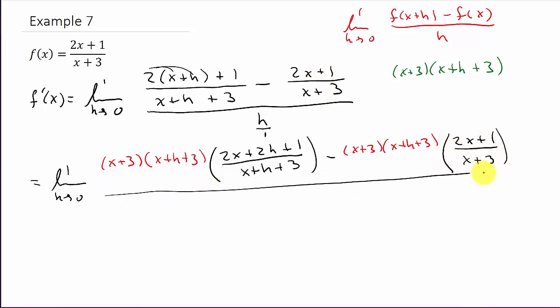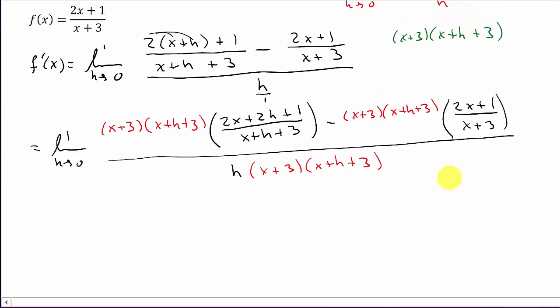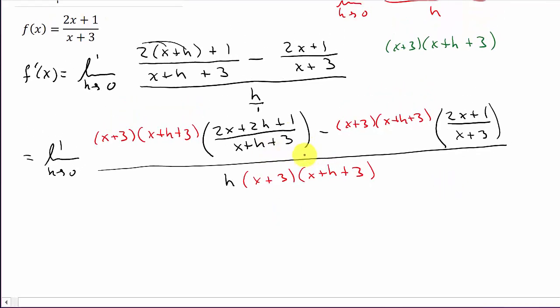And then all that over h times the common denominator, x plus 3 times x plus h plus 3. Okay, and I know this looks like a lot, but all I did is I wrote the common denominator next to each term. That's all I did.